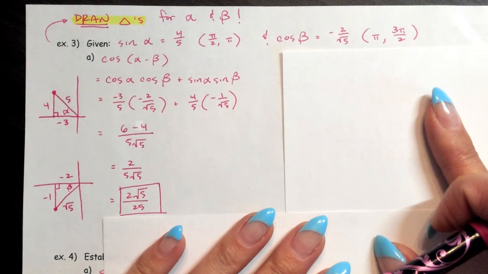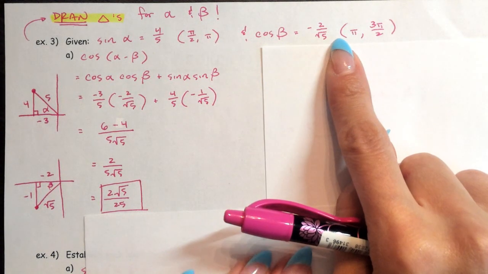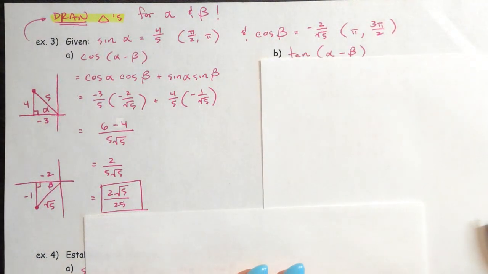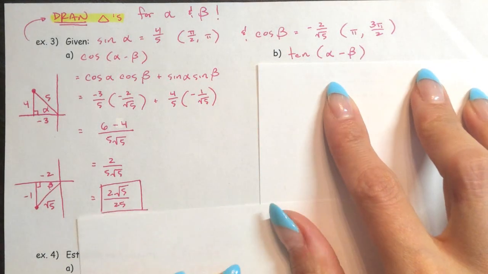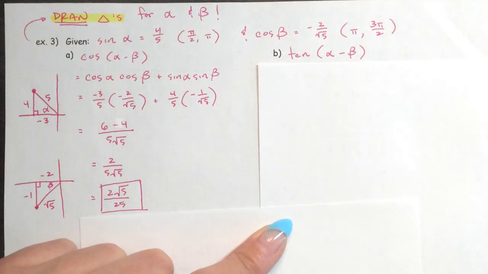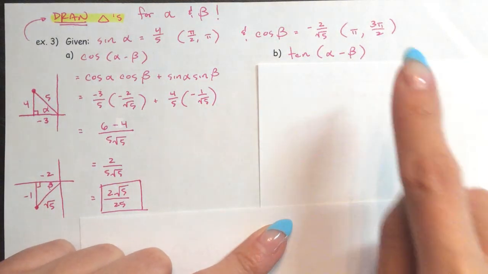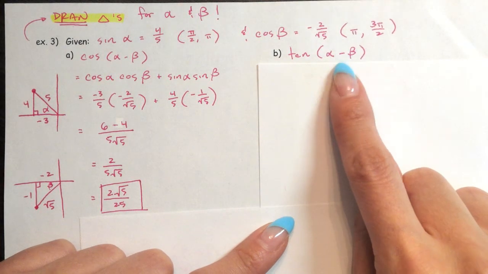Okay, I'm going to try one more. And for this one, you're doing, let's see, tangent. So let's try tangent. Tangent of alpha minus beta. Okay, without flipping your paper around, I know you just saw it for like 2 seconds, but do you remember what that formula is? I want you to try to think of it, and if it's wrong, it's fine.